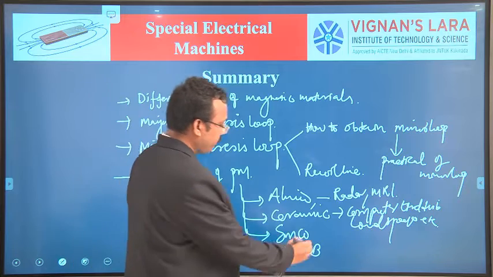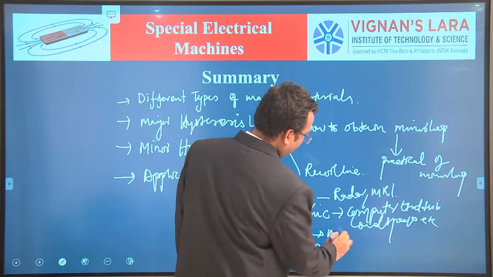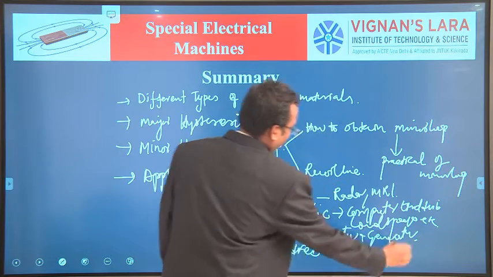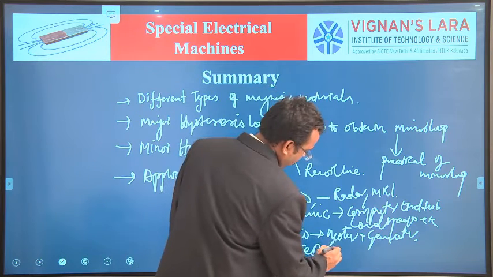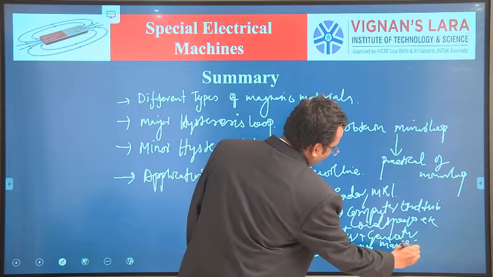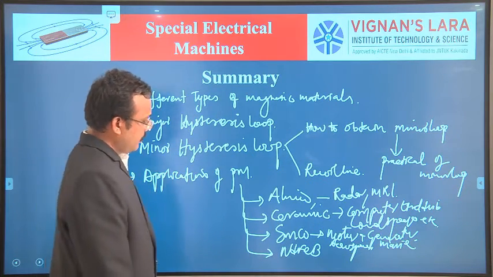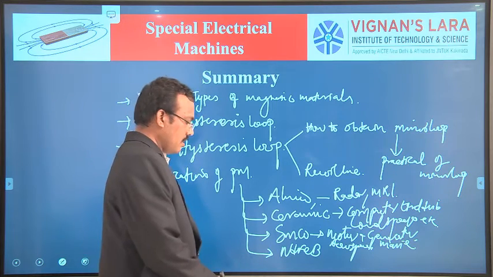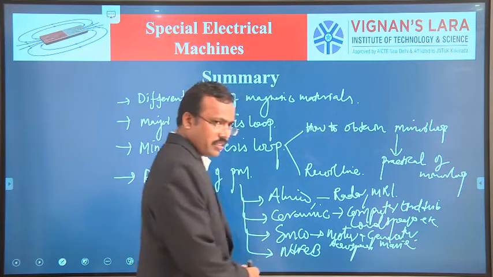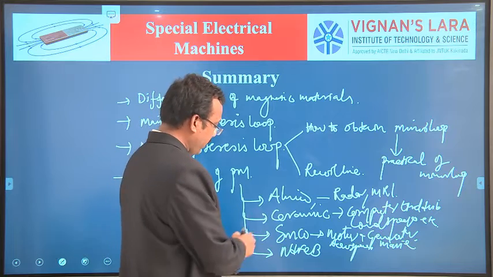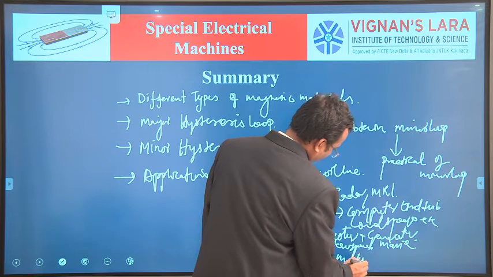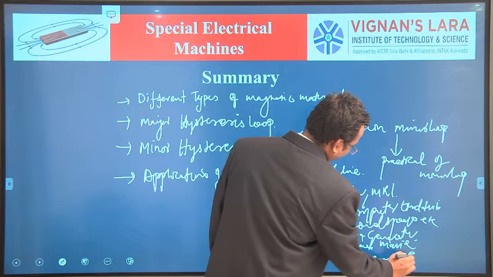And SmCo: motors and generators, aerospace, and marine applications. Next magnetic material is NdFeB. This is the strongest magnetic material among these, and is suitable for motors and generators, toys, etc.